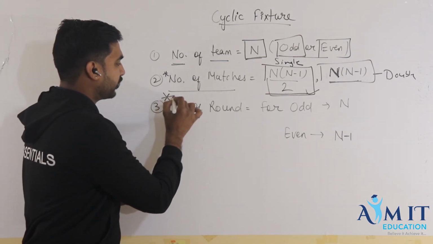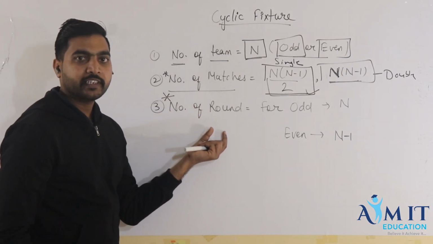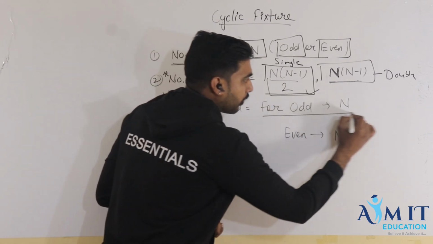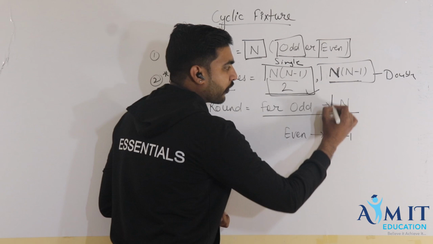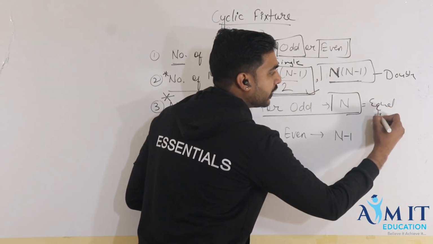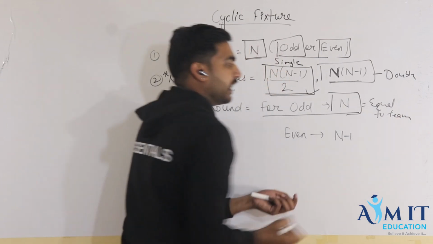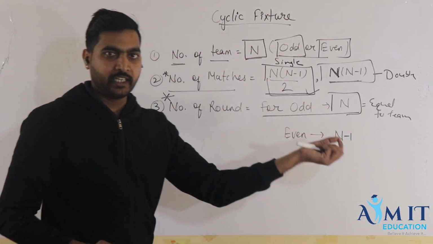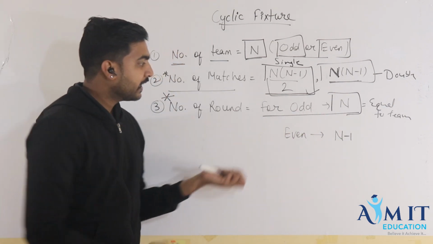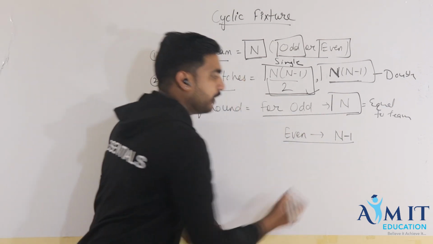Next, the third point, that is number of rounds. In cyclic fixture, number of rounds is a very important point. If we have an odd number of teams, then the number of rounds will be N, equal to the number of teams. If we have 7 teams, then the number of rounds will be the same, 7. Second condition is even.